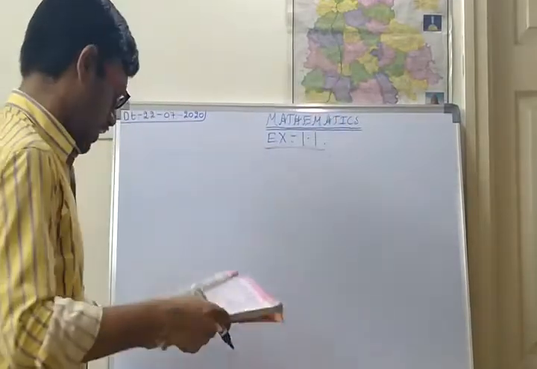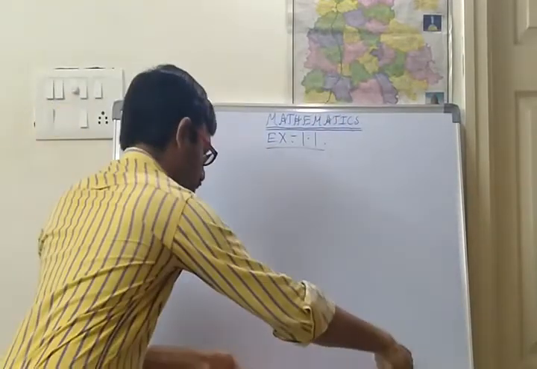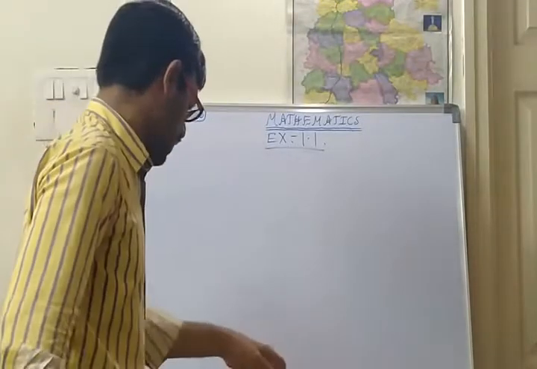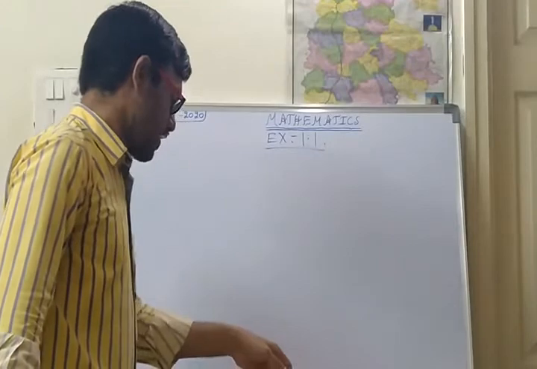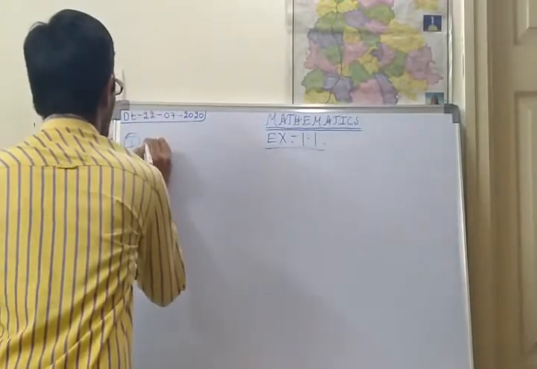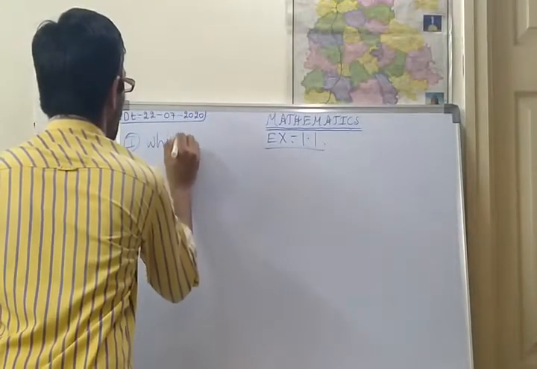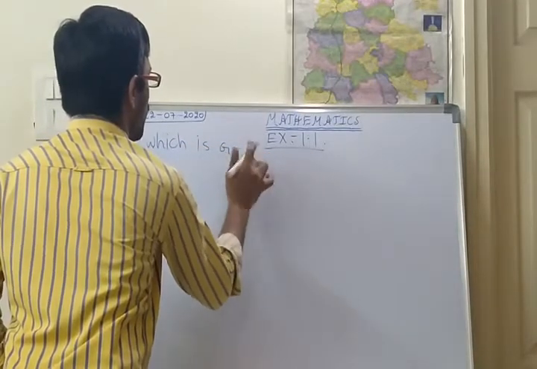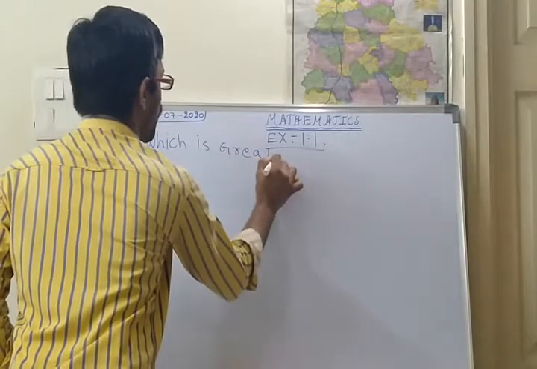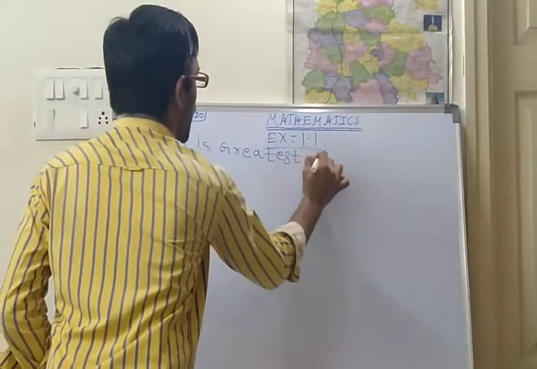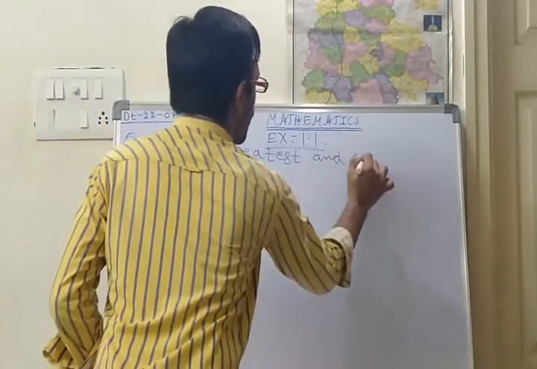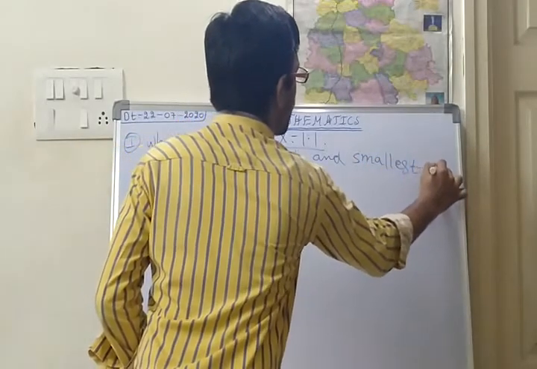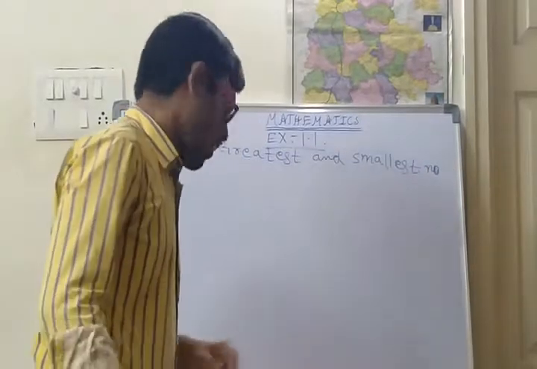In the exercise 1.1, the first bit you have to see. What is the first bit? Which is the greatest and smallest number among the group of numbers?